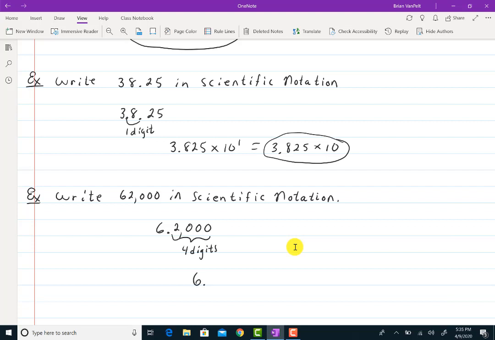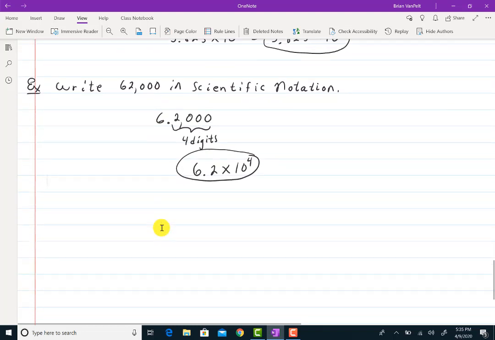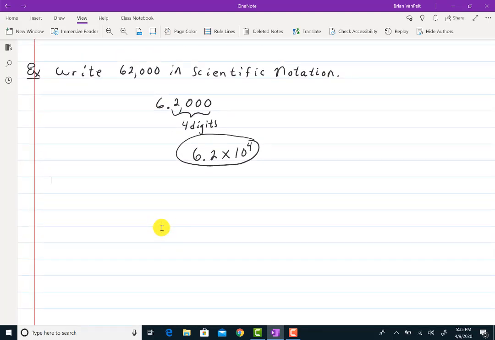So what do we have? 6.2 times 10 to the 4th power. What I don't want you to lose track of is that this 10 to the 4th is literally 10,000. So this is no different than 6.2 times 10,000. Nothing special about those exponents. I think students lose sight of exactly what all this stuff stands for, and they're trying to maintain the look of the problem instead of understanding what's going on inside of it.